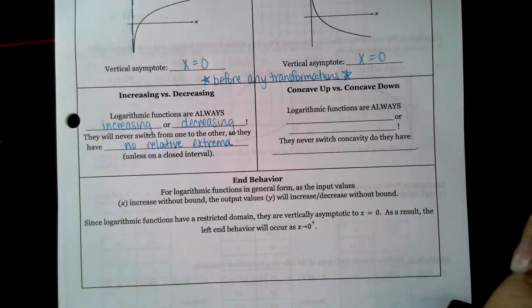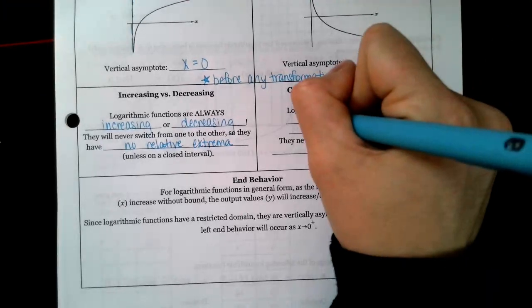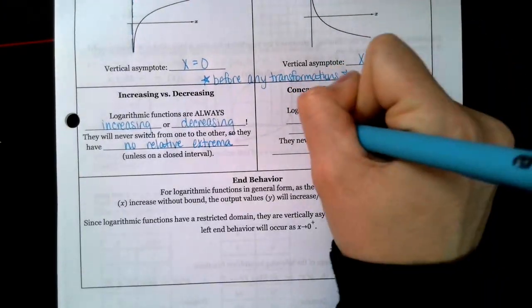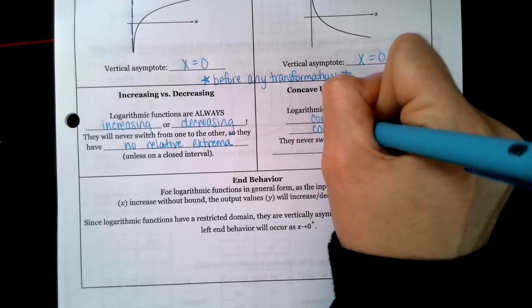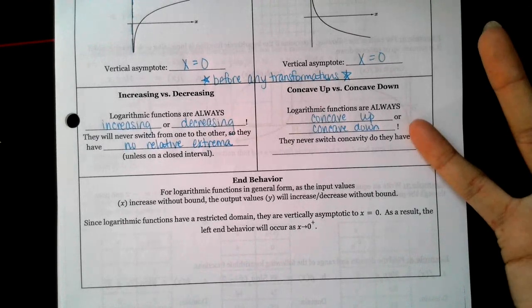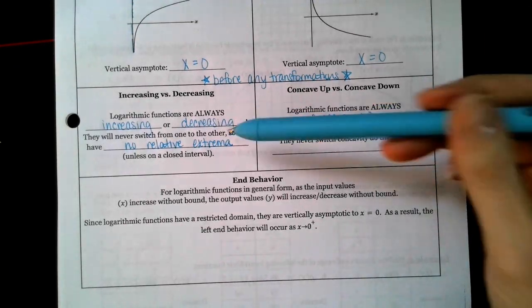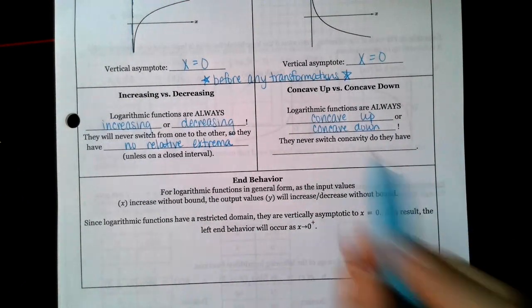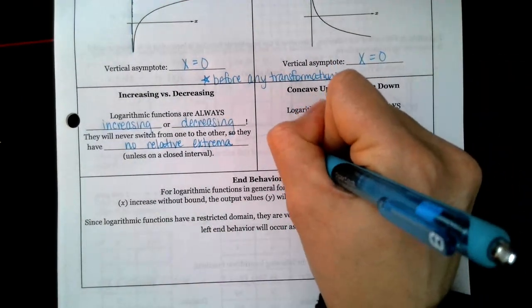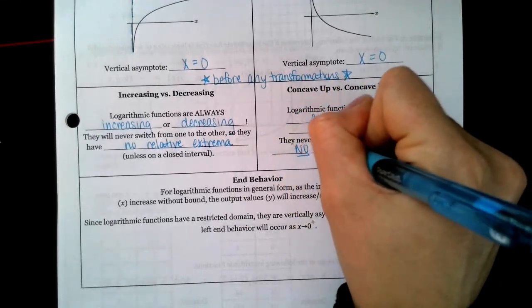And then for concavity, logarithmic functions are always concave up or always concave down. Similar to exponentials, they are only concave up or only concave down, always increasing or always decreasing. If they never switch concavity, then they have no inflection points.